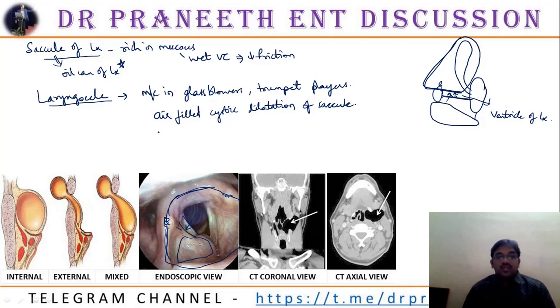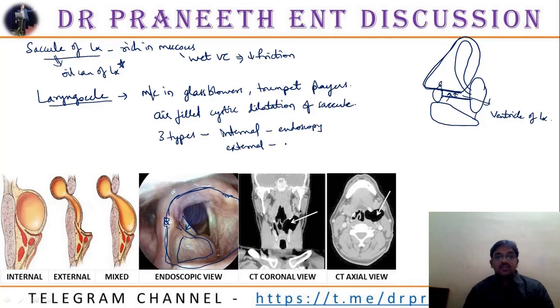So there are three types of laryngocele. Internal: what you are seeing is the internal laryngocele that can be seen on endoscopy only. To visualize this, you have to do endoscopy or laryngoscopy. The other type is external.